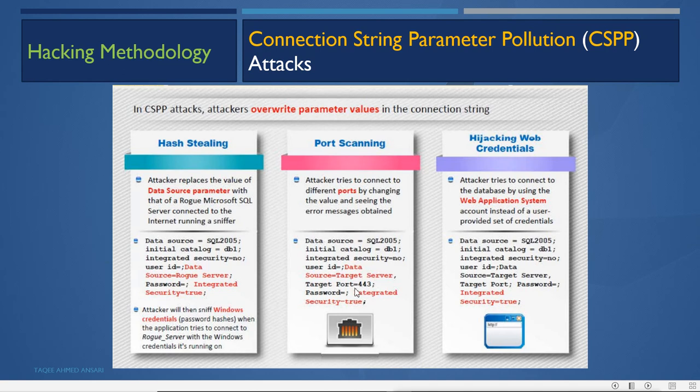Now remember, for doing all these things, the attacker has to be in the middle and has to intercept all the requests coming from client to server, and all the requests and responses. By this it will try to change the port number value every time and check what error messages come back.